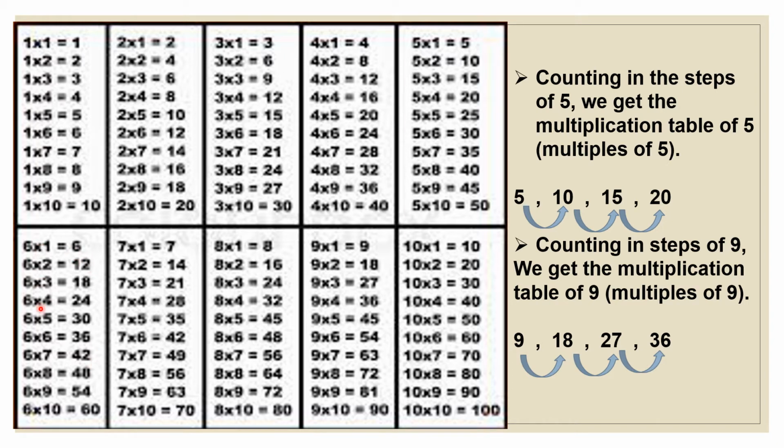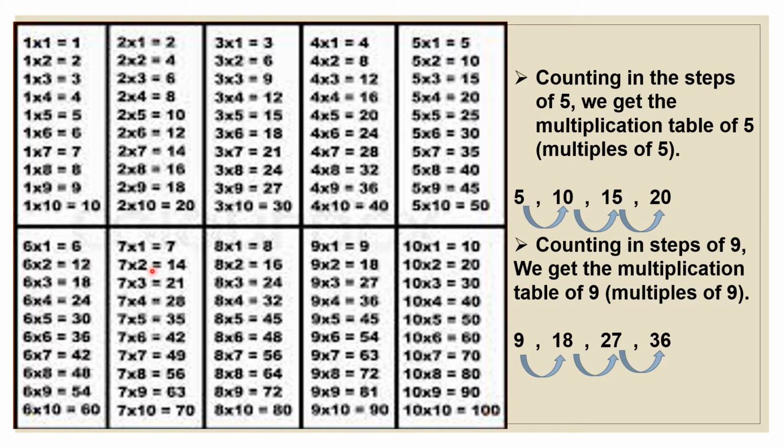So either you go for the multiplication table, you learn the entire multiplication table, or you notice that the values you are learning are basically found by counting on in steps of that number.